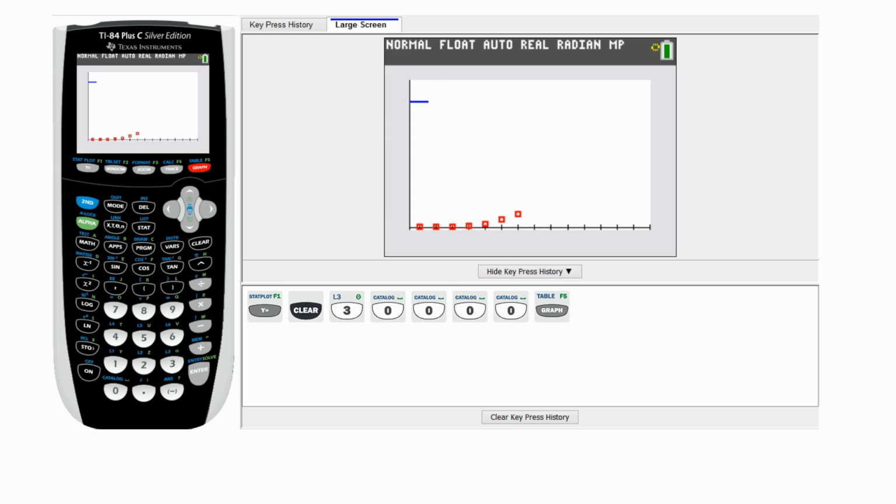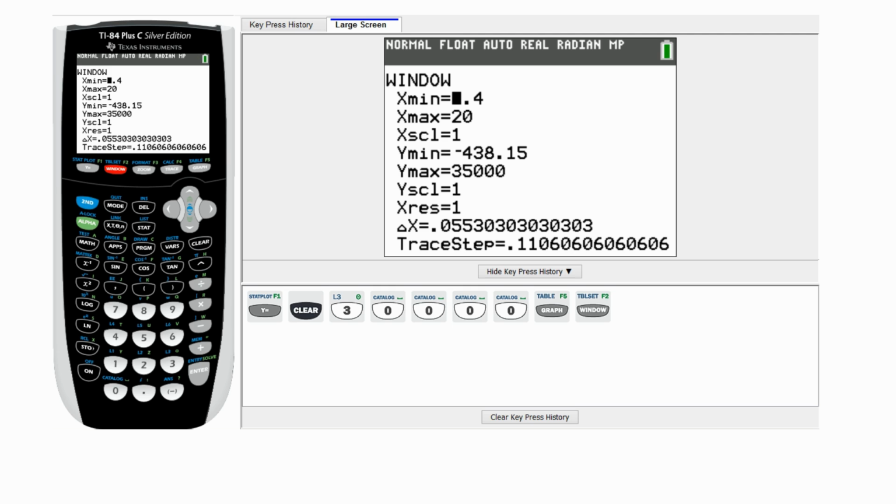Now we're ready to graph. If you can't see where they intersect, go to Window, change your X max to 20 and your Y max to 35,000.